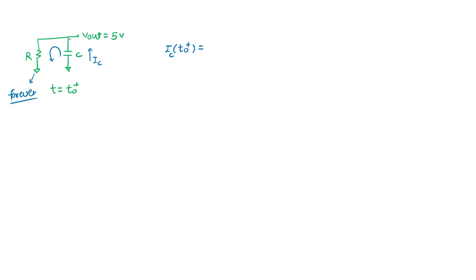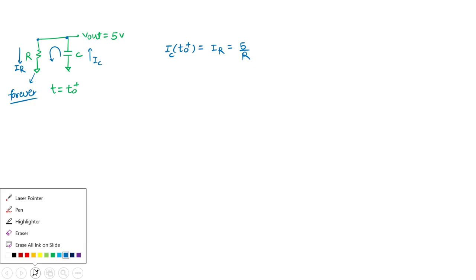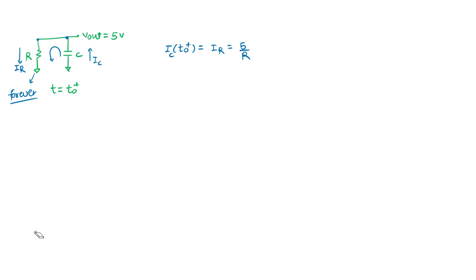This node of the capacitor has the voltage 5 volt, so the resistor also has 5 volt. So what is the IR actually? If I am giving this direction, it is nothing but 5 by R. But if I see what the capacitor current was, initially we considered the opposite direction, so with respect to that, it should be negative.